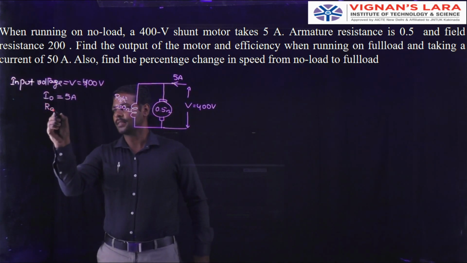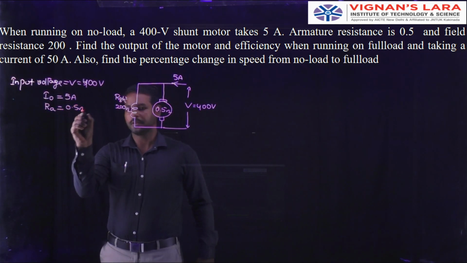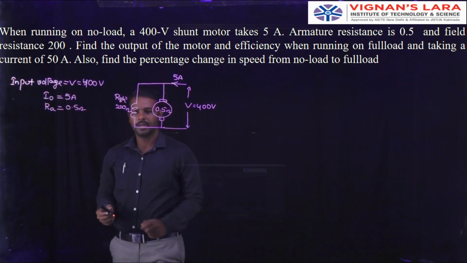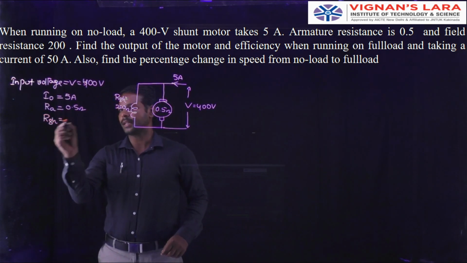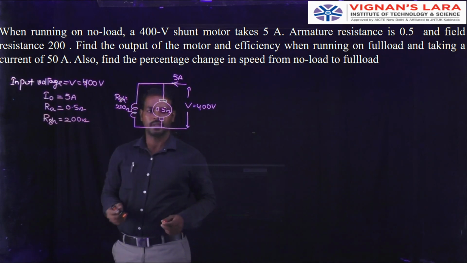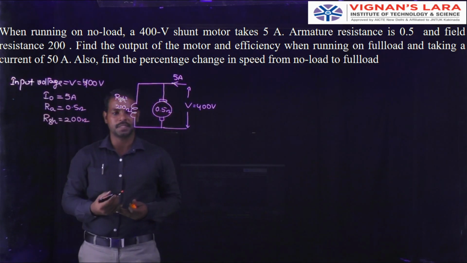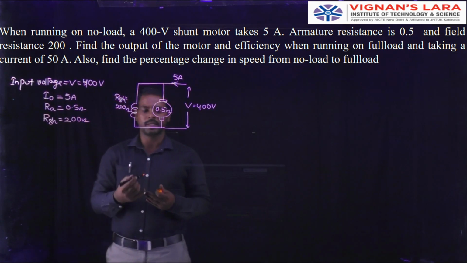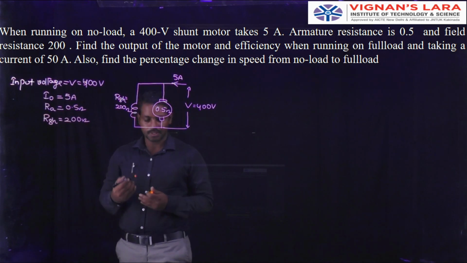Armature resistance of the motor RA is equal to 0.5 ohms. Shunt field resistance RSH is equal to 200 ohms. In this, we need the power output as well as efficiency. Another one is the speed, the percentage change in speed is to be calculated.